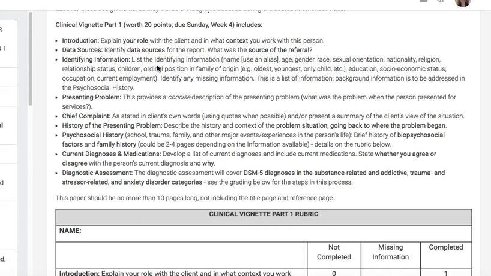So if you go through this list and you don't have information, don't make it up. Just say, this information is not available. And that is real life.